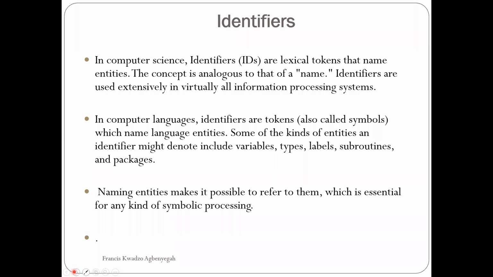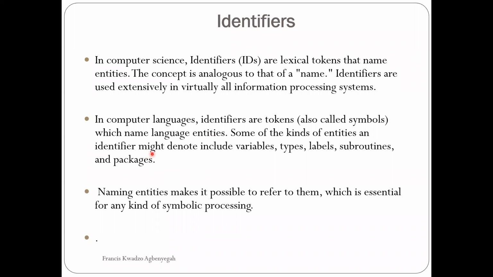In computer language, identifiers are tokens which usually are symbols which name language entities. Your entity here can be anything at all that you can think of in the real world. Anything that you want to represent in your computer system can be an entity. So which name are you giving to that particular entity? That ID that you are assigning to it is what we refer to as the identifier.